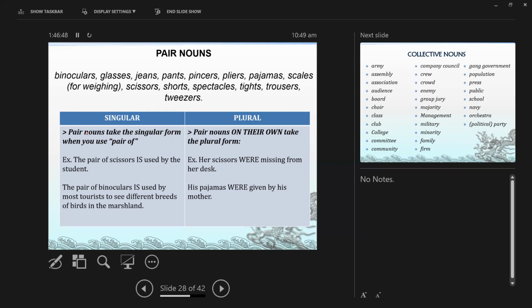Magiging singular lang siya pag inilagay mo yung word na pair of before the pair nouns. For example, I have a new pair of glasses. Okay? Pair of glasses. My new pair of glasses is from EO.